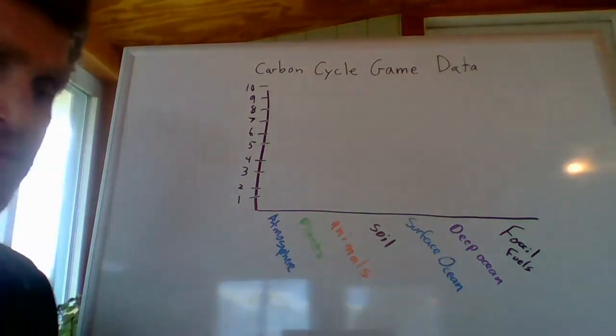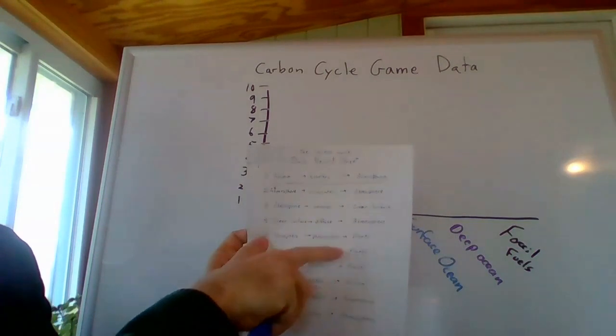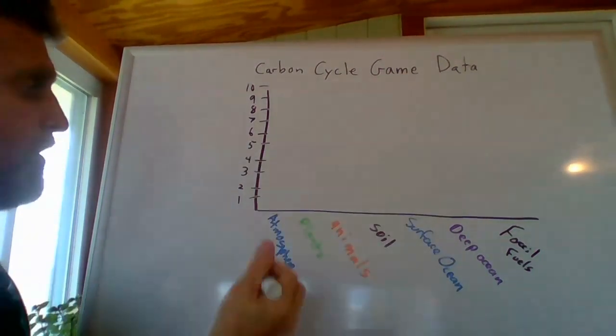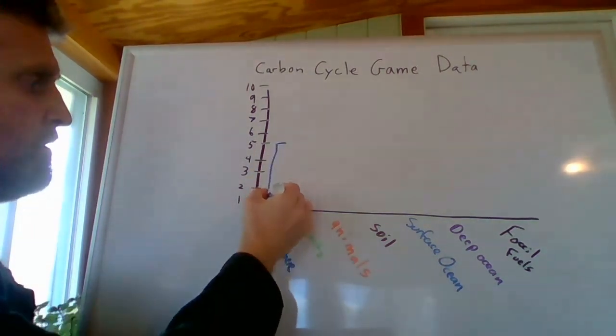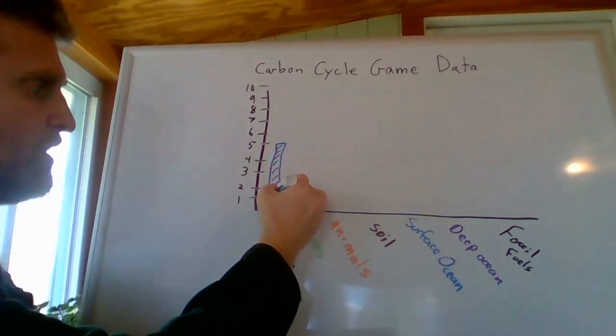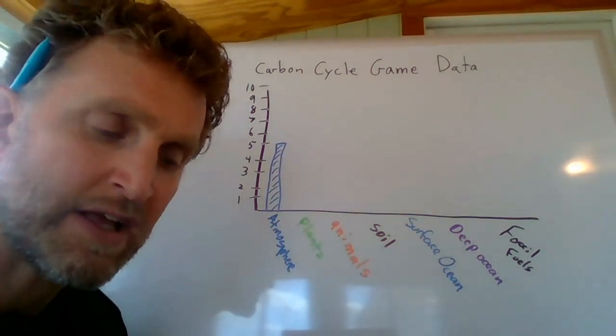In the atmosphere, I was at the atmosphere 1, 2, 3, 4, 5 different times. So from atmosphere, I would go to the 5 mark, make a little bar graph, and I was in the atmosphere 5 separate times during this game.